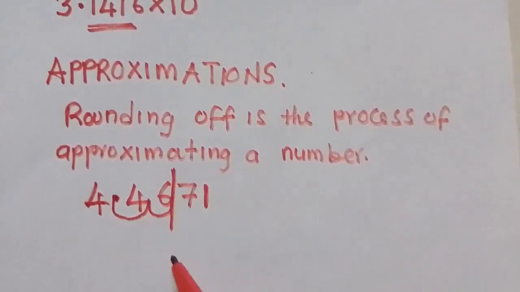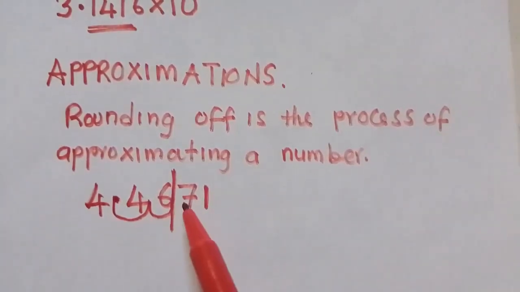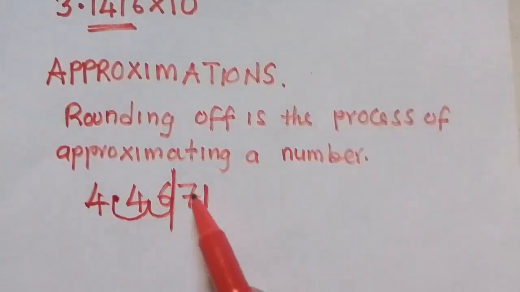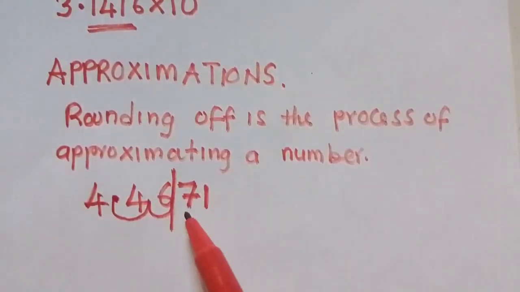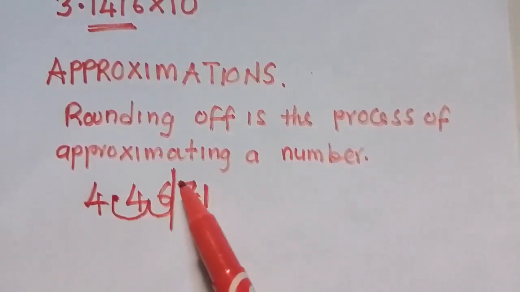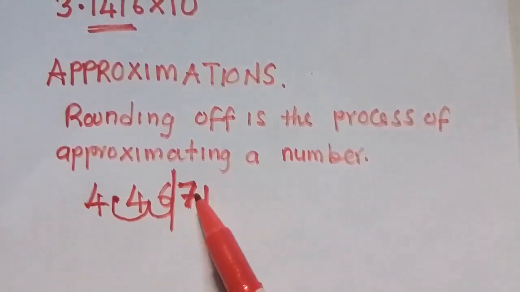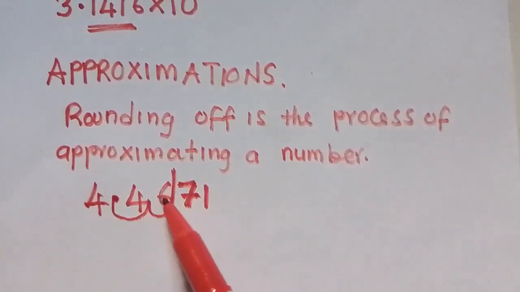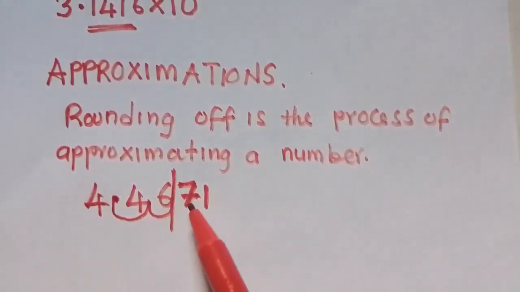You look at the number which is on your right, the first number. If this number is greater than 5, you need to add a 1 to the number on your left. But if this number is less than 5, then the number will be maintained.